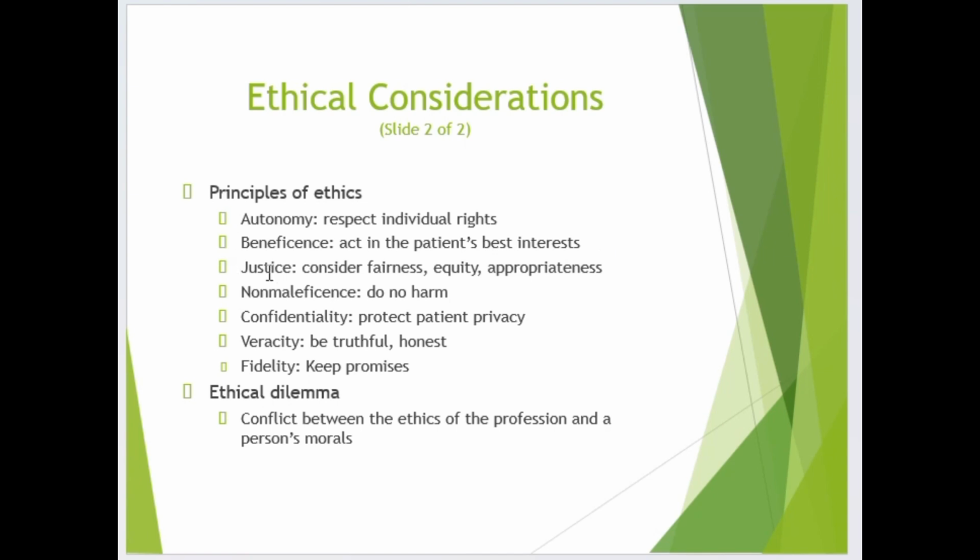All right, justice. Consider fairness, equity, and appropriateness. So justice means that we give our care to everybody equally. We don't just give it to the rich people. We don't just give it to certain genders.